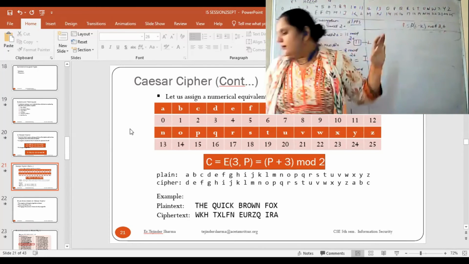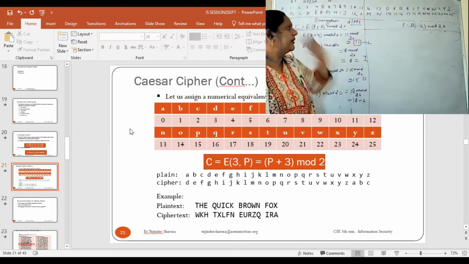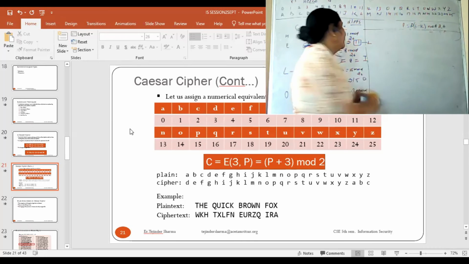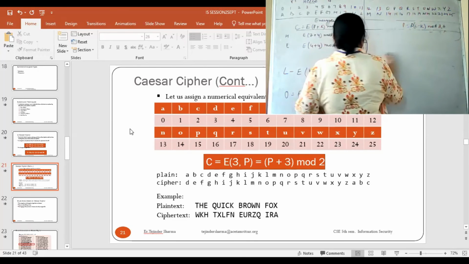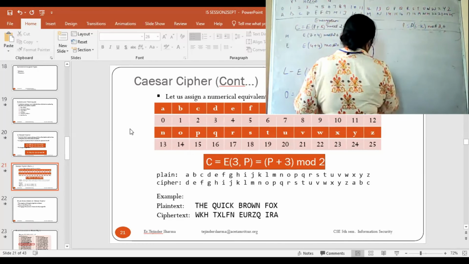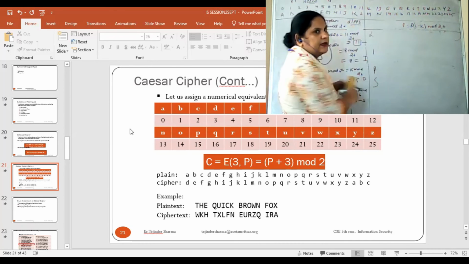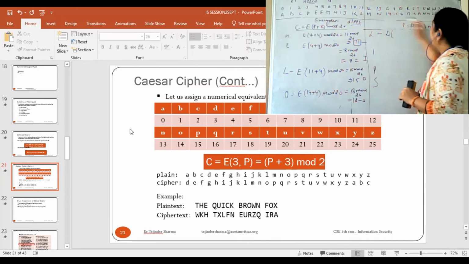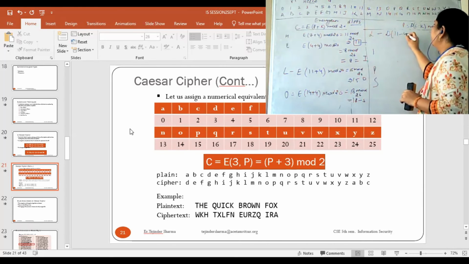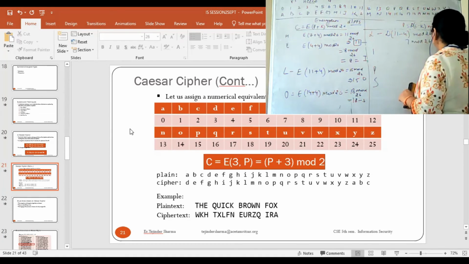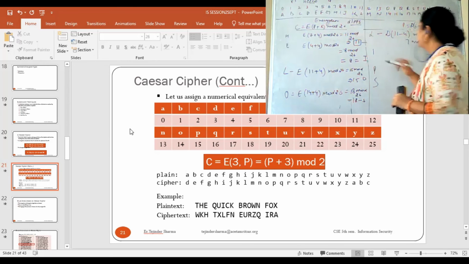P is D of C, that is C minus K, mod 26. Now write down LIPS, because here P is occurring twice. Value of L, D of C: L value is 11. 11 minus 4 mod 26, you will get 7 mod 26. So that is equal to H, because at the 7th position there is H.